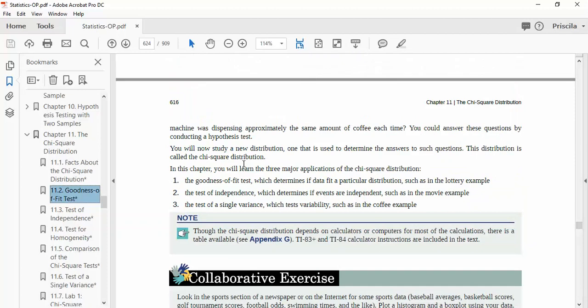Right here it says in this chapter you learn the three major applications of the chi-square distribution: the goodness of fit, which determines if data fit a particular distribution, such as the lottery; the test of independence, which determines if events are independent, such as a movie example; and the third one, which is going to test a single variance. Again, I'm only going to go over the first one.